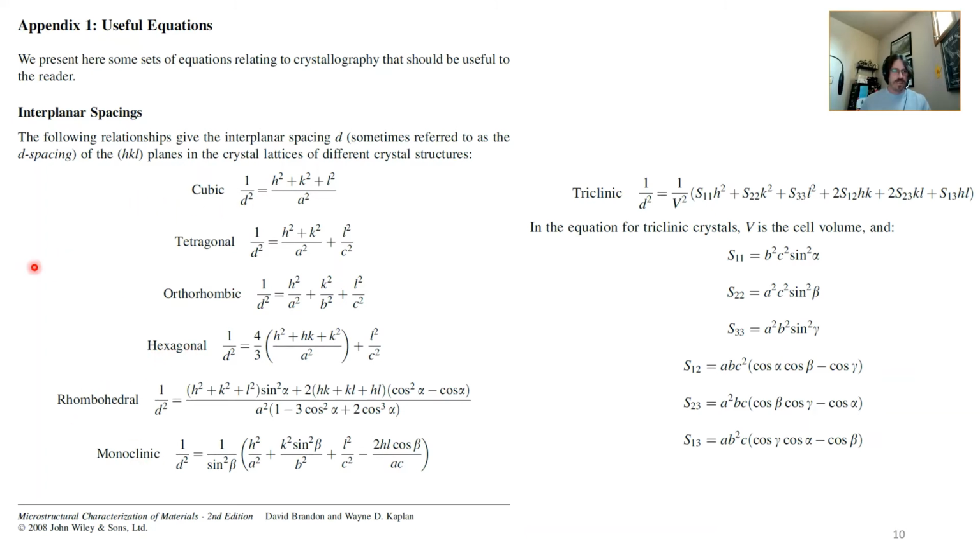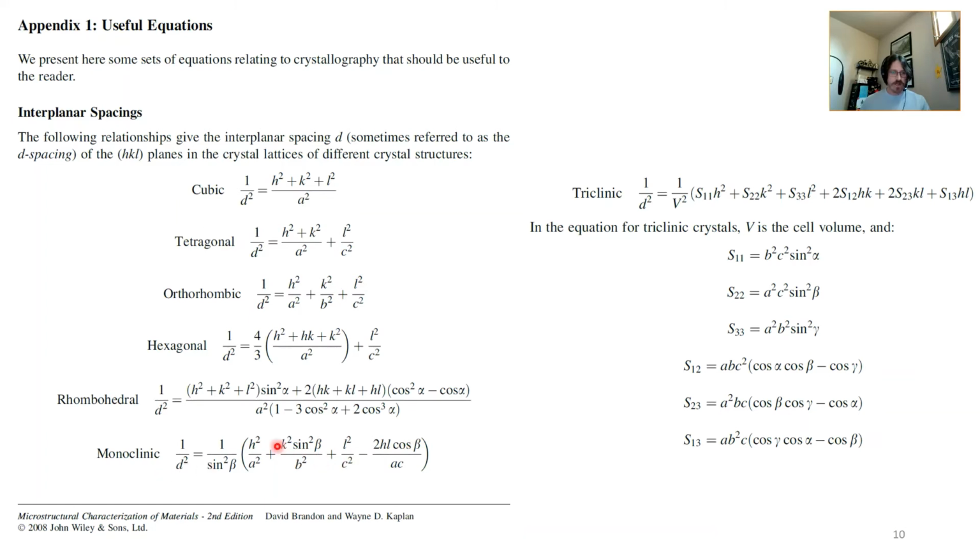Cubic is simplest, tetragonal is a little bit more complex, orthorhombic a little bit more complex, hexagonal is kind of complex. Rhombohedral scares me, and monoclinic is a little bit more complex as well. You have to know the lattice parameters, and in some cases the angles between planes.